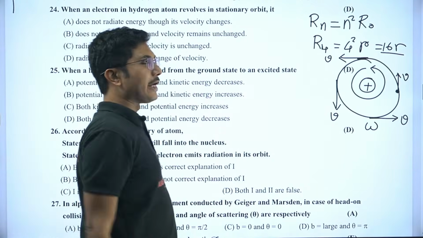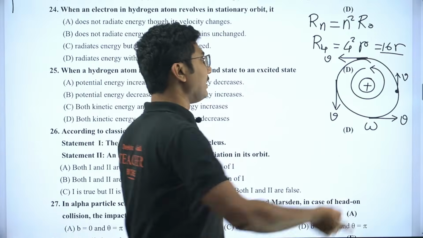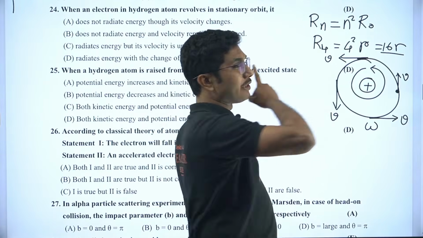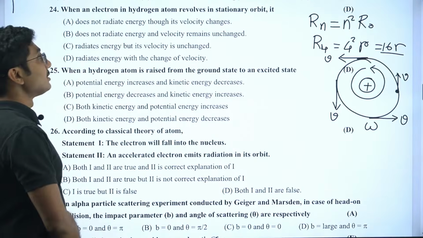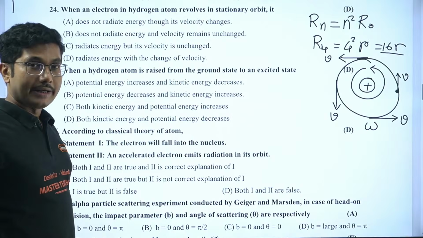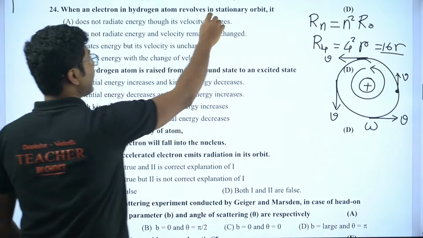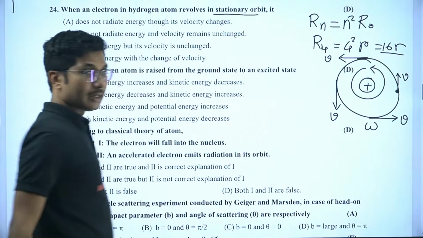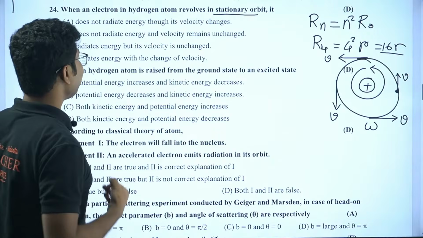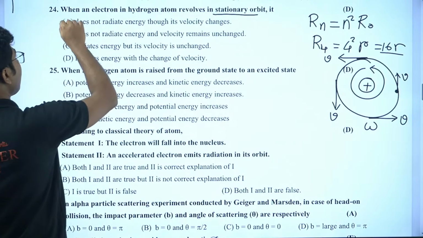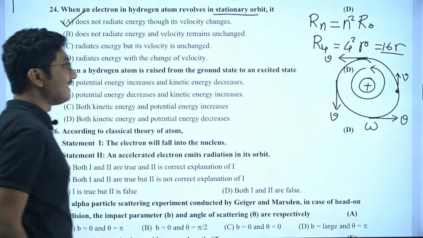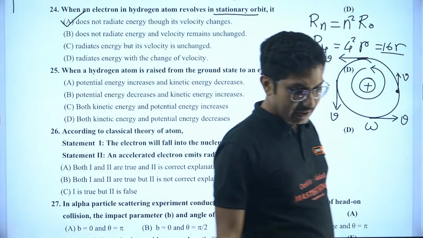Also, we know that according to Bohr's theory, if an electron is orbiting around the nucleus in its stable orbit, it does not radiate any energy. It is a stationary orbit, that means a stable orbit, so it does not radiate energy though its velocity changes.